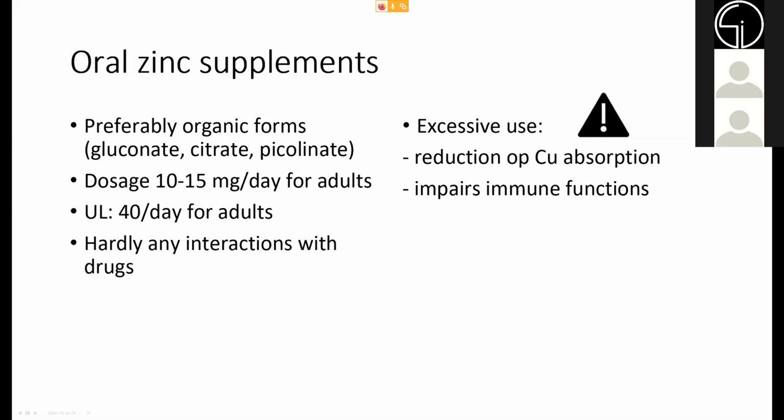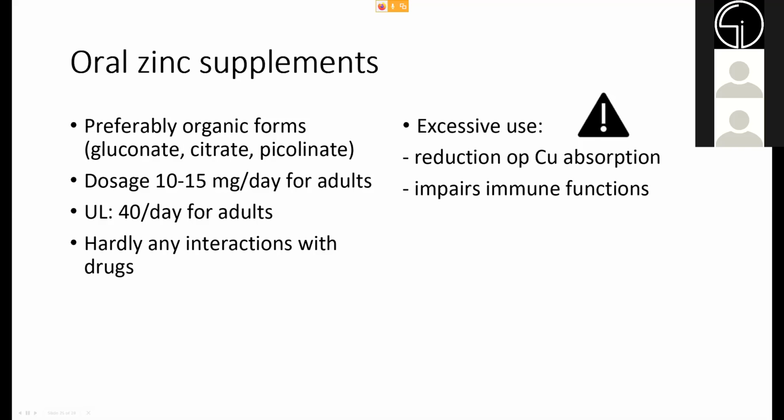So the usual dosage is about 10 to 15 milligrams a day, and preferably the organic forms like gluconate, citrate, and picolinate instead of sulfate or oxide, because the organic forms are absorbed much better than the salt forms.